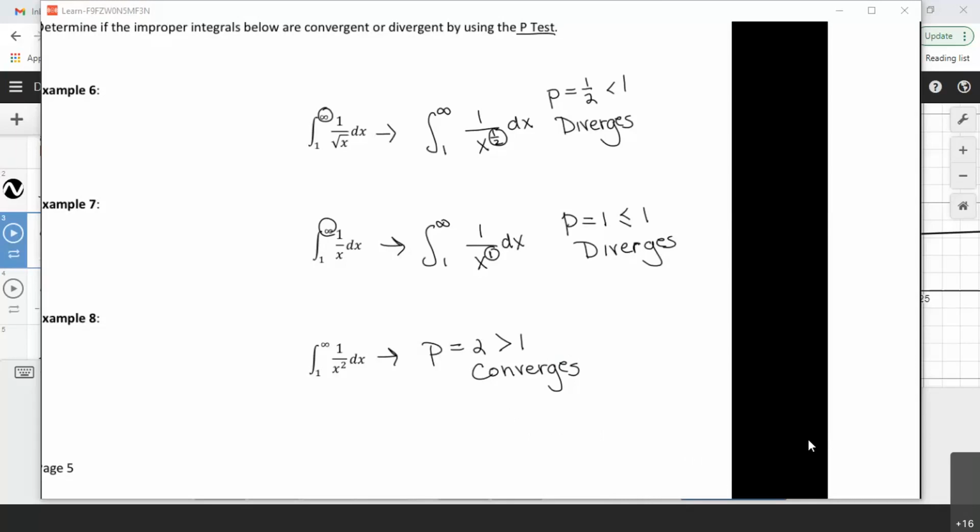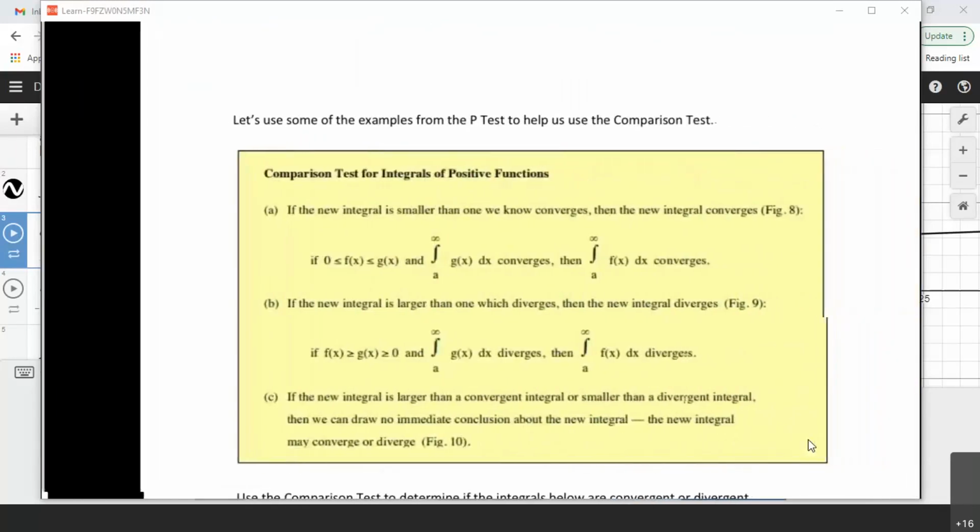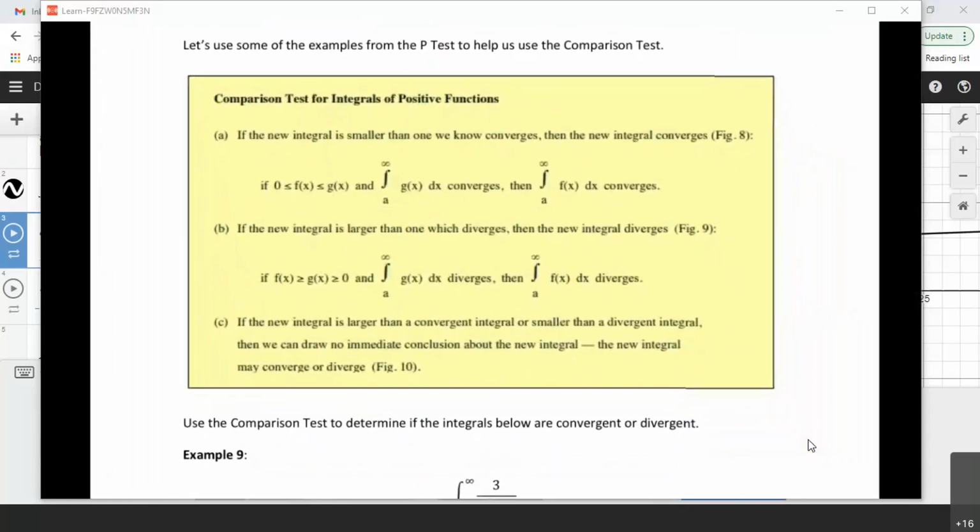Okay. Last thing I'm going to show you is a comparison test for integrals of positive functions. If your new integral is smaller than the one you know converges, the new integral converges. Think of this as like a restraint.